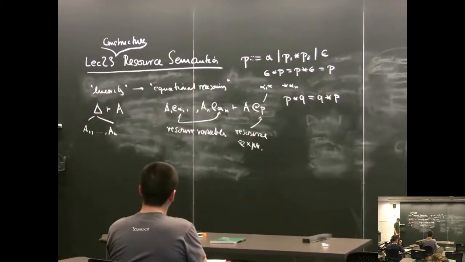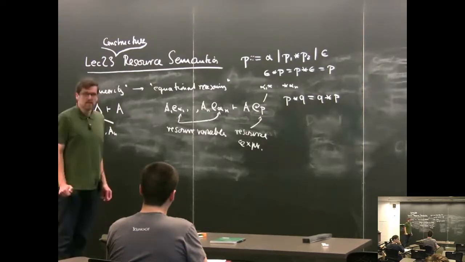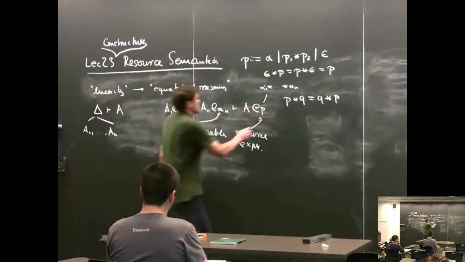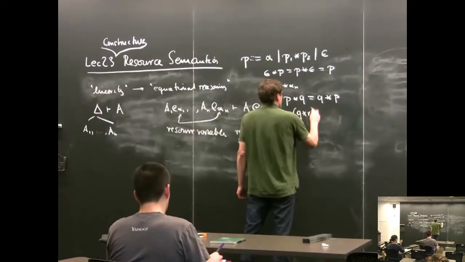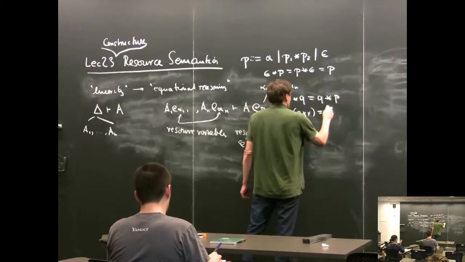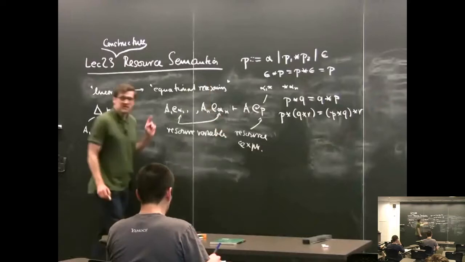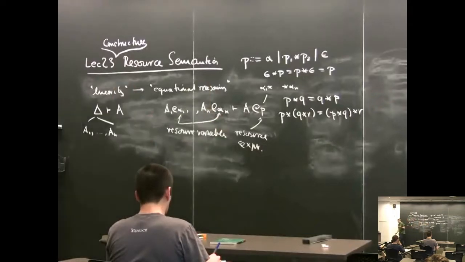P star Q and Q star R in brackets. It's associative, and that's because when you put these things in the context, it is also stable under associativity. Okay.